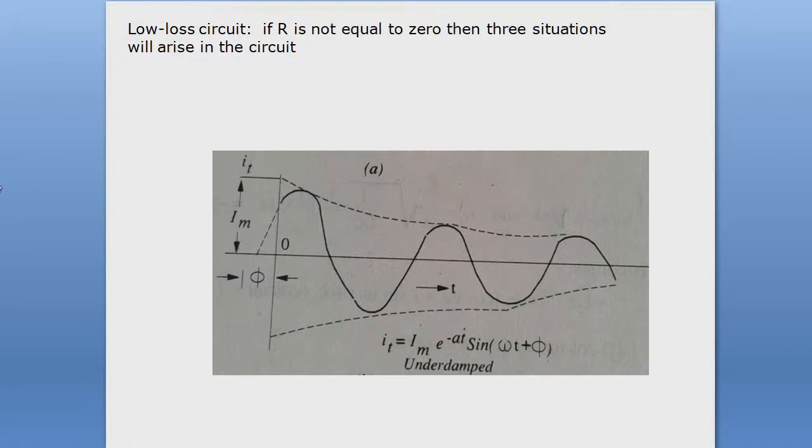You just see the expressions of alpha 1 and alpha 2, within the square root: (R by 2L) square minus 1 by LC. So you can consider (R by 2L) whole square greater than 1 by LC, one situation. Another situation, (R by 2L) whole square equal to 1 by LC. And the third situation, (R by 2L) whole square less than 1 by LC. So let me write these three situations.